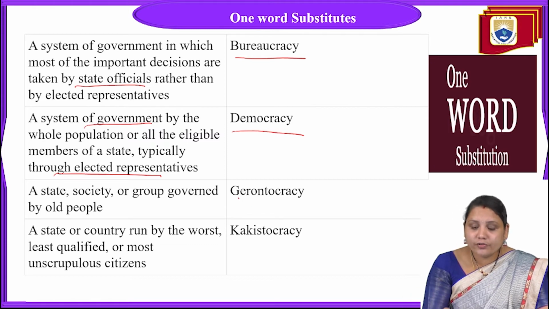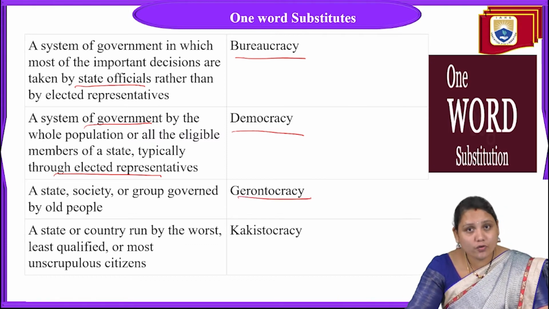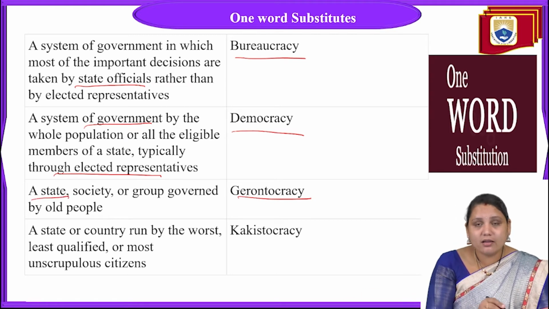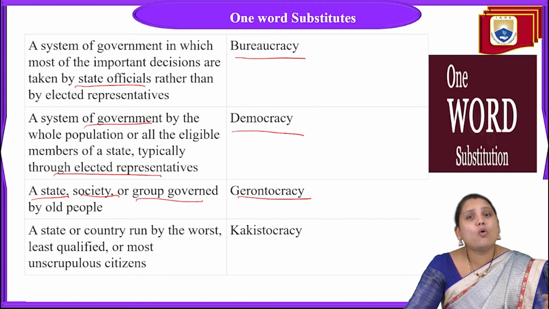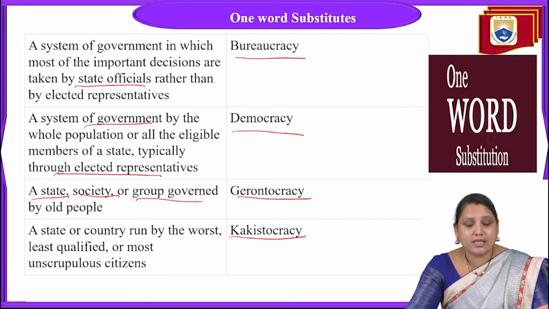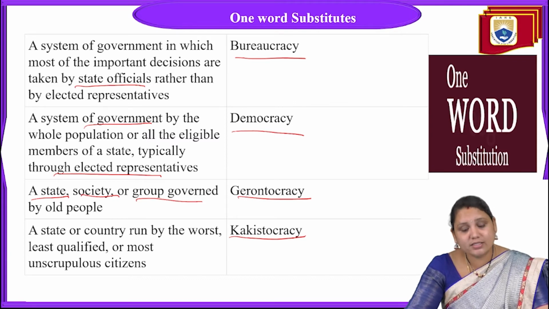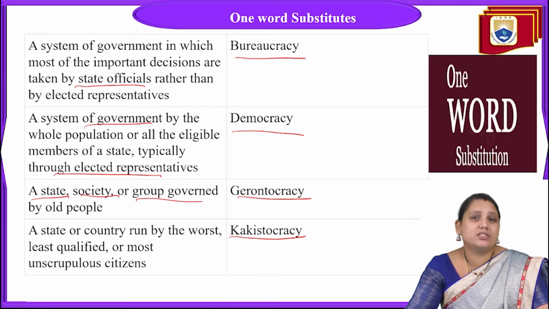Next, gerontocracy: a state, society or group governed by old people. Next, kakistocracy: a state or country run by the worst, least qualified or most unprincipled citizens.